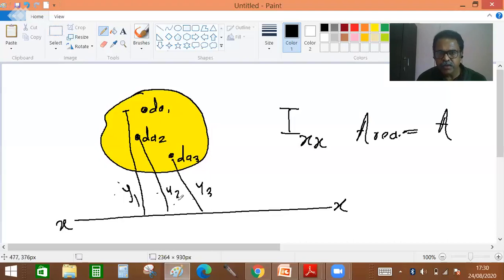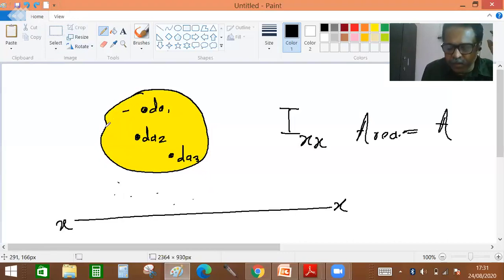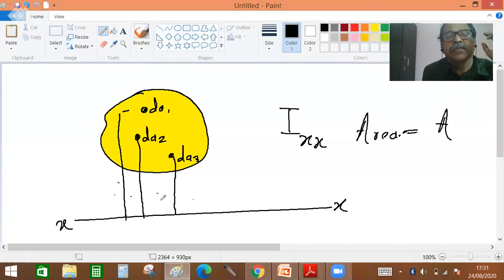It is a perpendicular distance. So here it is the first distance, here the second distance, here the third distance. Let us call them y1, y2, and y3.